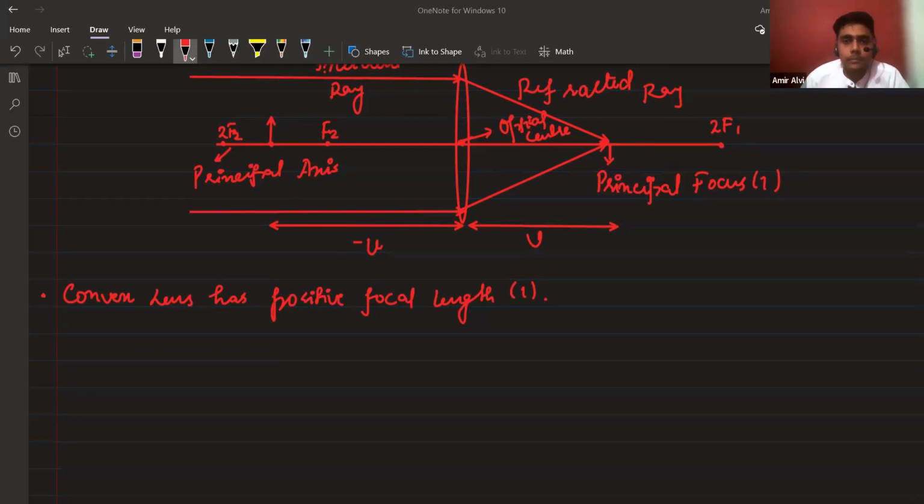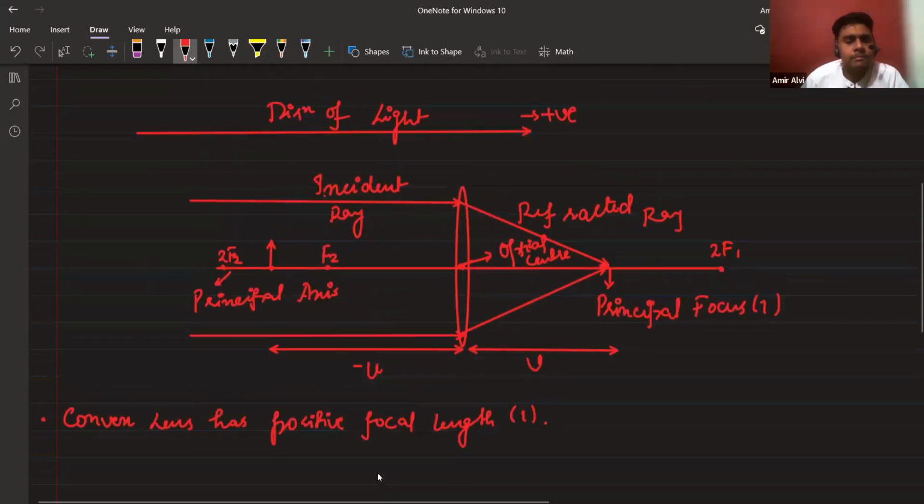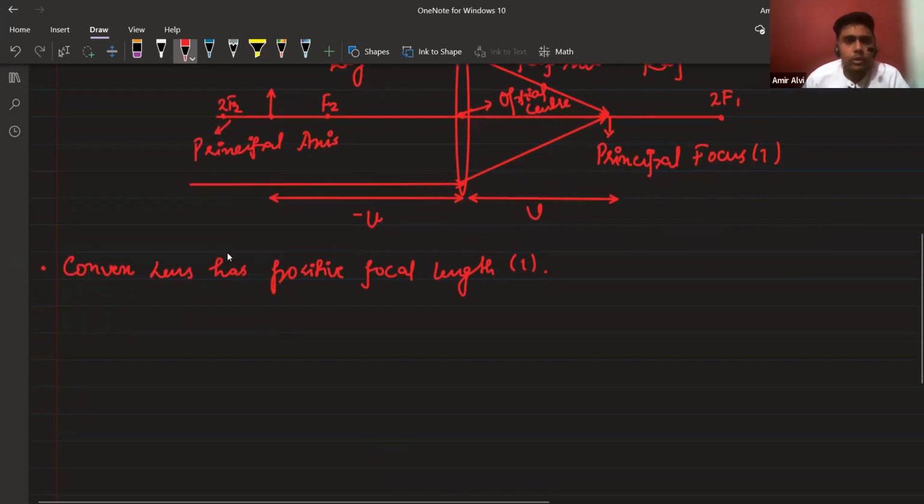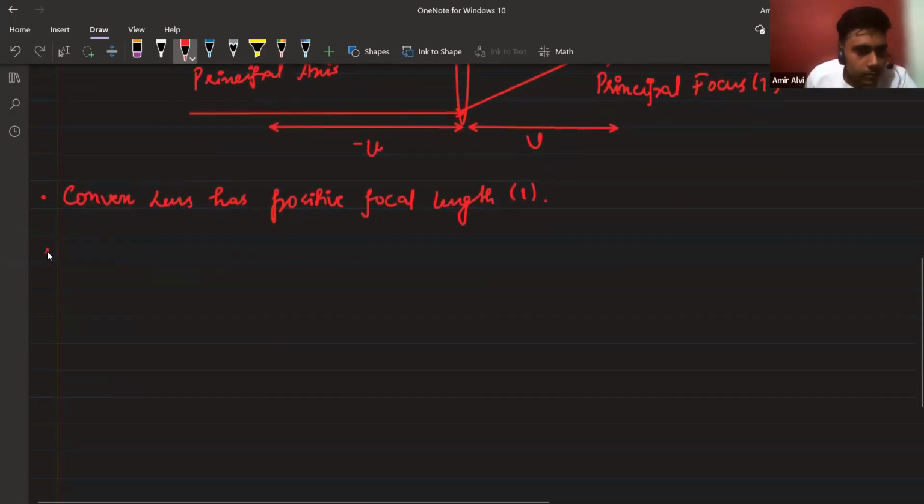So let's take the image formation of the convex lens first. After that, I will be telling you the concave lenses. So let's take the image formation here.